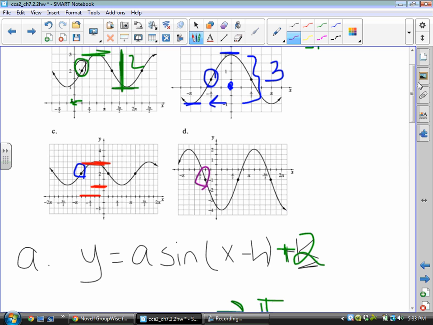Now let's look at my shift left and right. That needs to be 0, 0. So from 0, 0, they moved it to the left. Each of those is worth pi over 6 again.